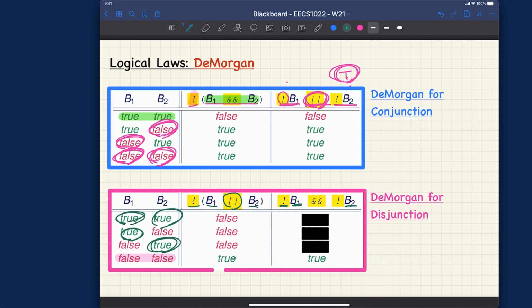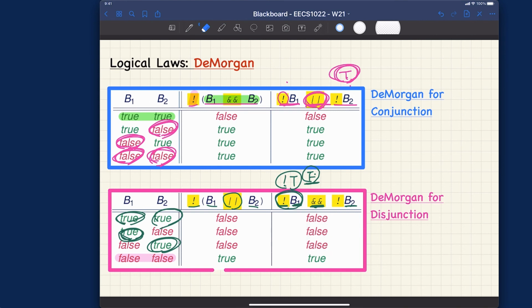Let's say if any one of them is negated, for example, this one here, if that one is somehow not true, I'm talking about this guy over here. If not true, that's going to be false. As long as I got false already, it's not the case that both are actually true. So the result for the conjunction is guaranteed to be false. So for the rest, it will simply just be false over here, right?